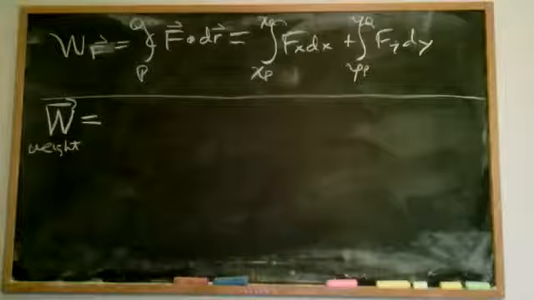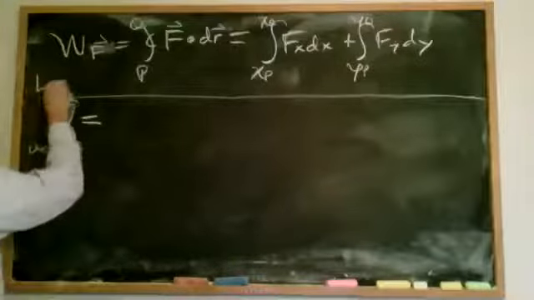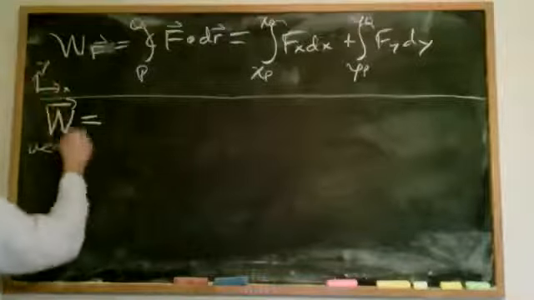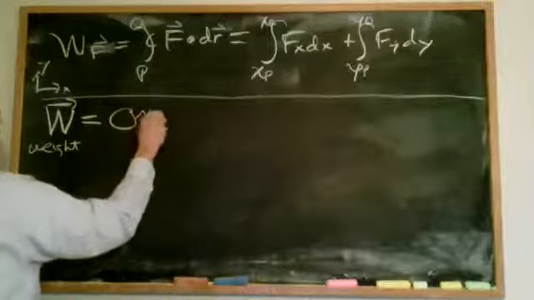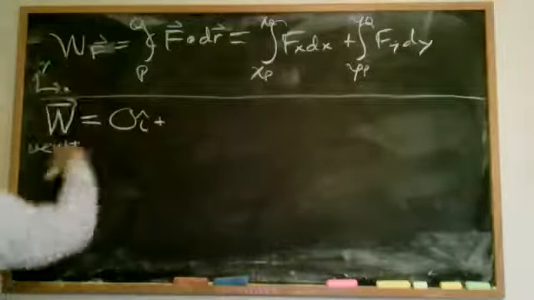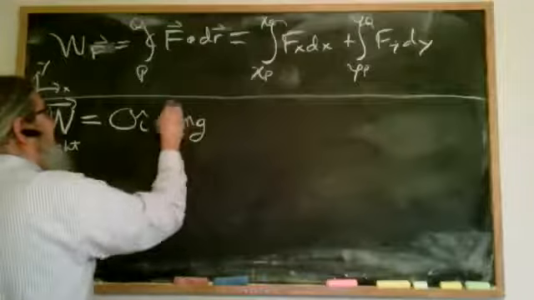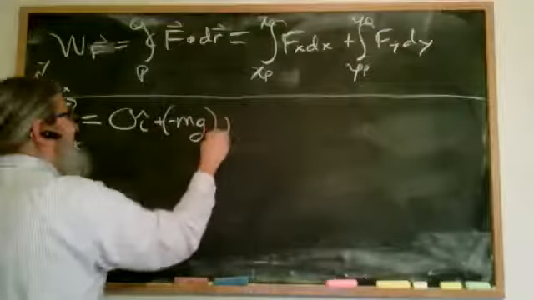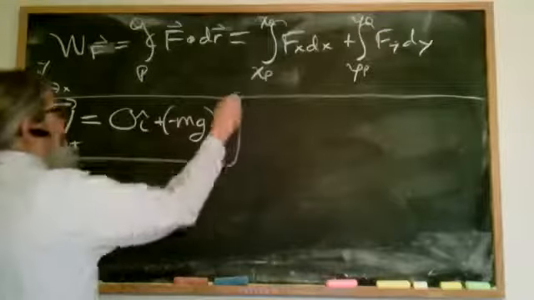It's a force that applies downward, with my usual x and y axes. There's no component in the x direction, so it's 0 i hat, plus whatever the force downward is. We know the magnitude of the weight force is mg, but it's minus because it's pointing in the negative j hat direction. So that's a vector representation of the weight force.